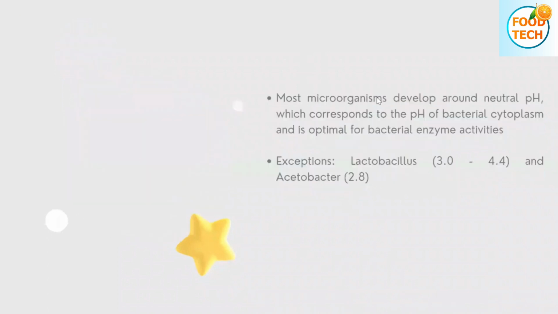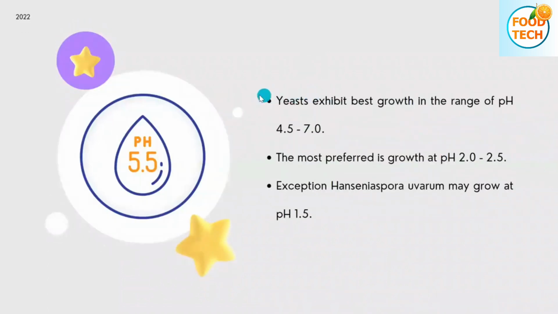So moving ahead, now let's talk about the pH of the yeast and the mold. Yeast exhibit best growth in the pH range of 4.5 to 7. So they can grow from highly acidic to neutral.